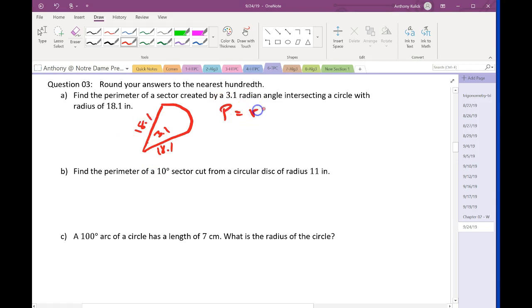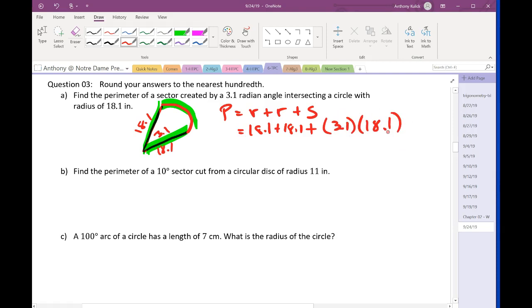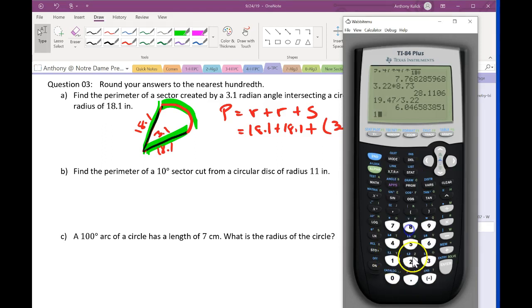So my perimeter is going to be radius plus arc length. In our case, the radius is 18.1. And the arc length, since we're given our angle in radians, is just going to be angle times radius.